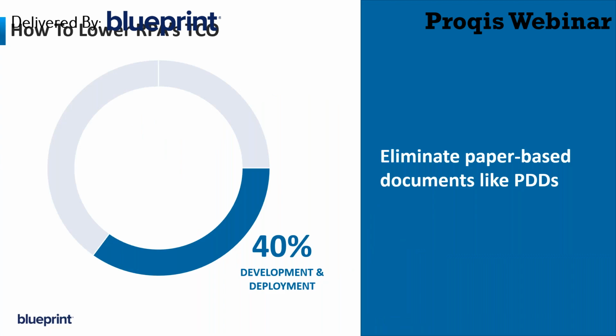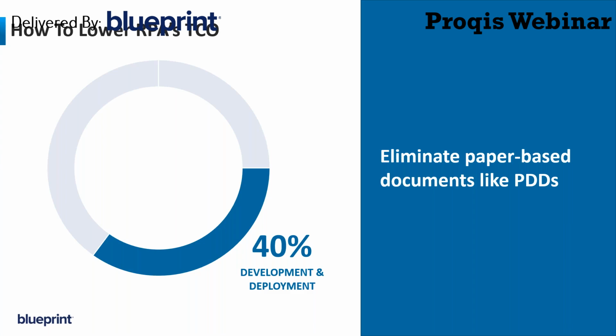For development and deployment, RPA has regressed in terms of technology delivery. The most common way for automation design to be communicated to RPA developers is by packaging it in a slow, error-prone, manual, paper-based document like a PDD, or process design document. Complex technology isn't designed on paper. Purpose-built systems with the granularity needed to build sophisticated solutions are required, and RPA is no exception.